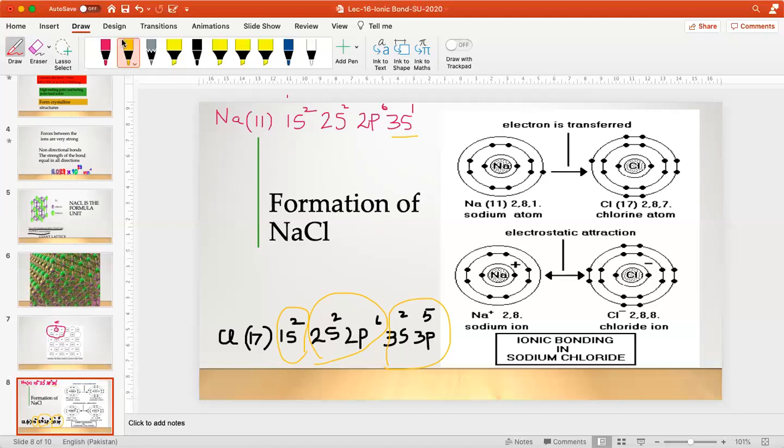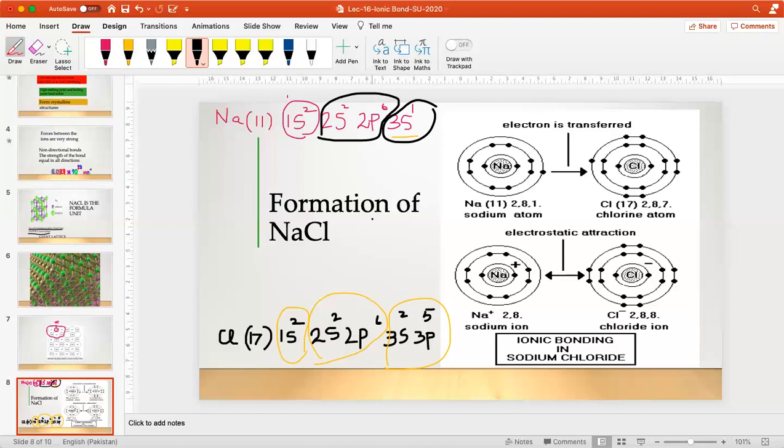यहाँ पे अगर आप शेल्स को देखें तो this is the first shell and this is the second shell. 2 is the number of shell. This is the third shell. So यहाँ third shell में only 1 electron, or here the third shell has 7 electrons.